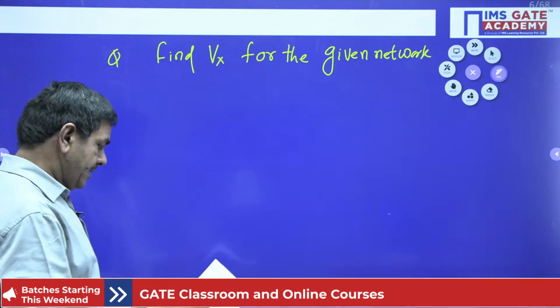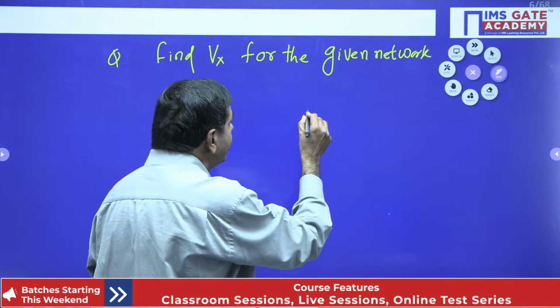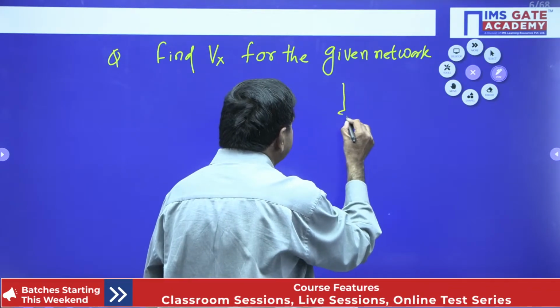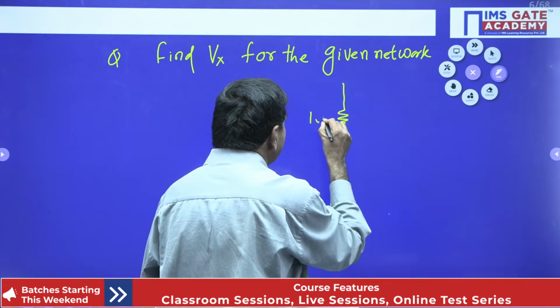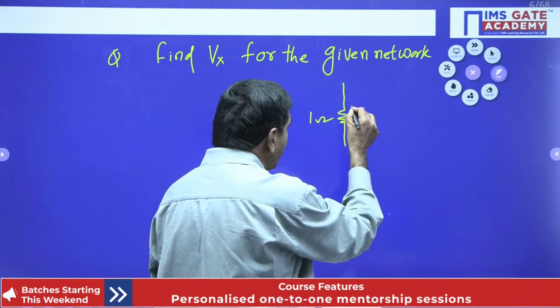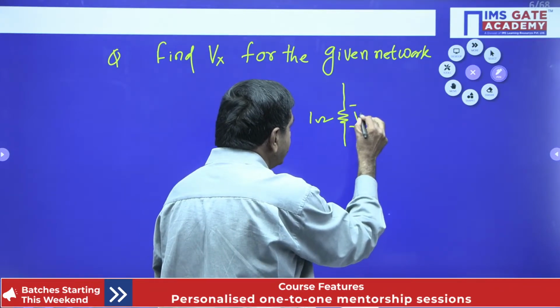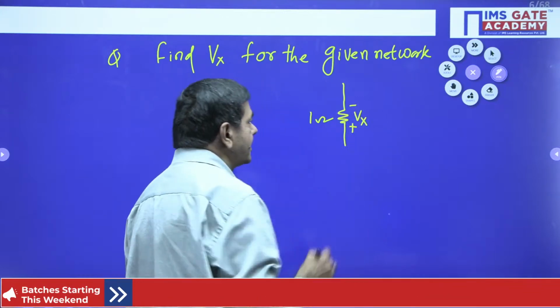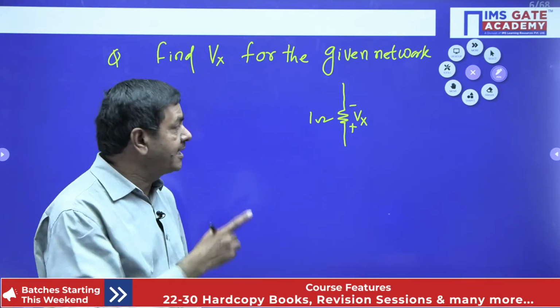The network is given like this. There is a 1 ohm resistor. The voltage across this 1 ohm is given with polarity like this, minus and plus. This voltage is Vx. The voltage across the 1 ohm is Vx.